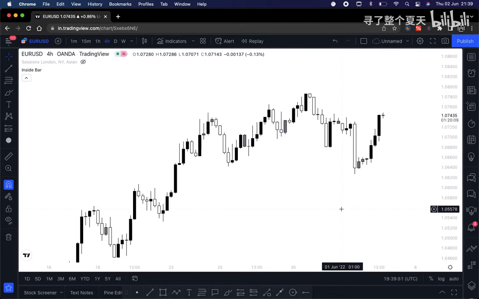Again, it's up to you, right? So when we look at another scenario here, we have price pushing to the upside, pull back, push to the upside, pull back, push to the upside, right? Like I mentioned, everything is just subjective to how you want to see price.